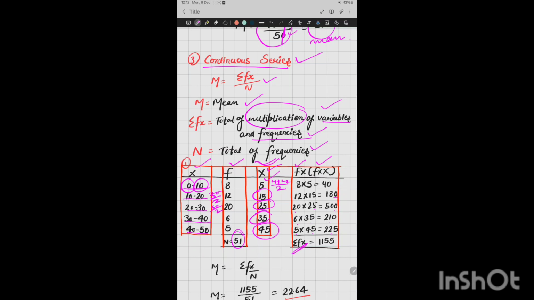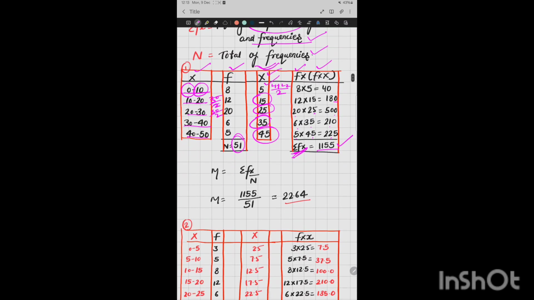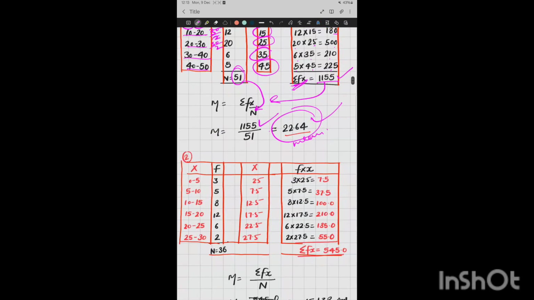If you add all of this, you will find the sigma, and the value of sigma fx is equal to 1155. You put every value into the formula, so it is 1155 upon 51, and if you solve it, your mean will become 22.64.